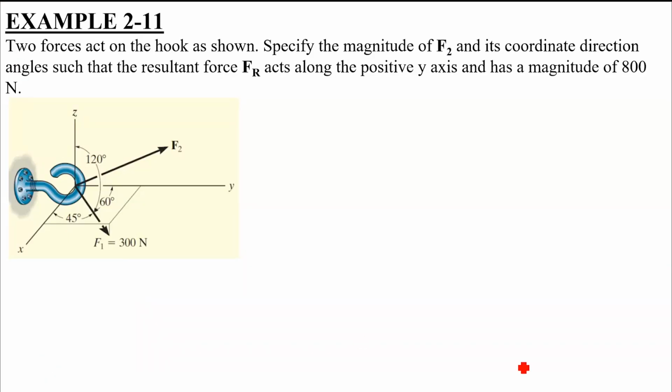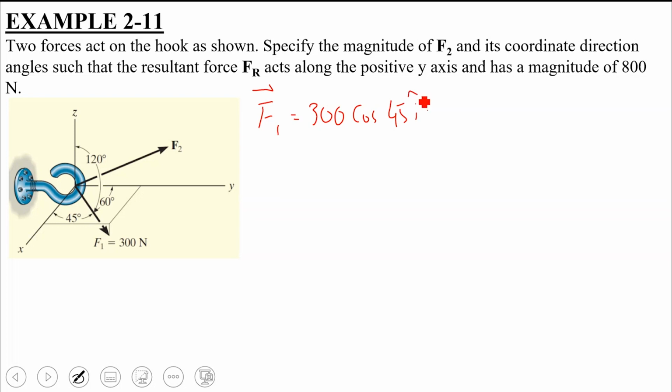So starting with force F1. F1 की अगर हम बात करें तो जिस तरह भी कहा था कि F1 का मैग्नीट्यूड नोन है और अल्फा बीटा गैमा नोन है, so we can always write F1 in terms of its Cartesian notation as 300 cos of 45 i plus 300 cos of 60 j plus 300 cos of 120 k.